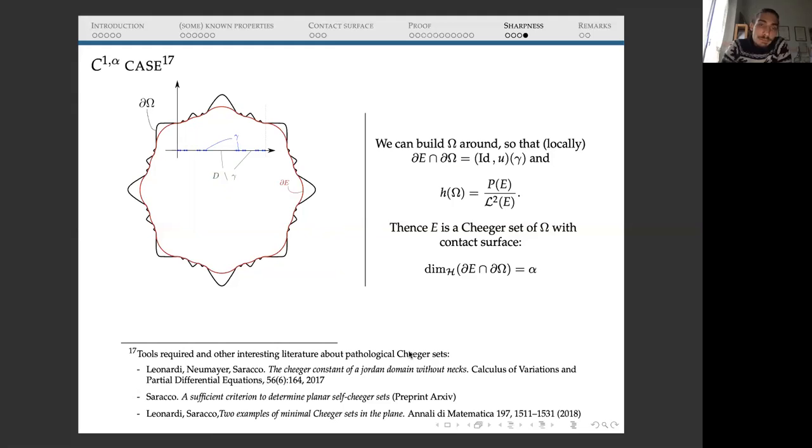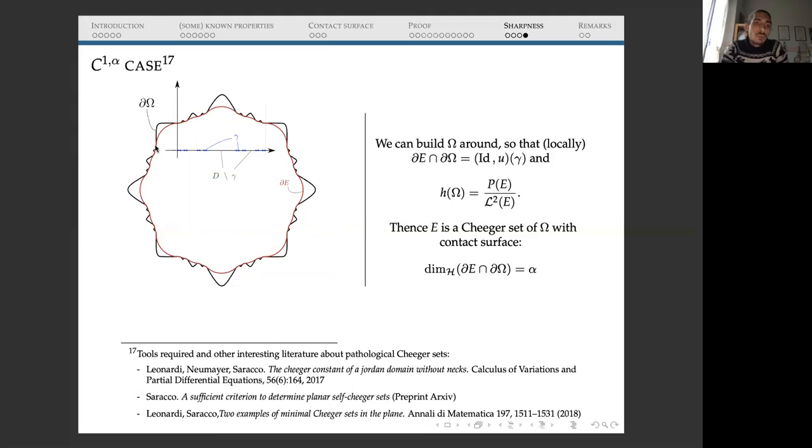So the final piece we need is to glue it together. The red guy is the profile obtained by this iterative procedure. Now you place one in this direction, then one in this direction, then one in this direction, and then one in this direction.